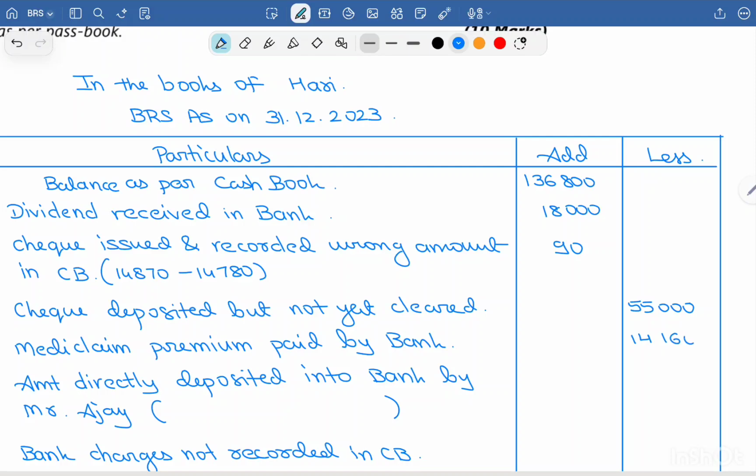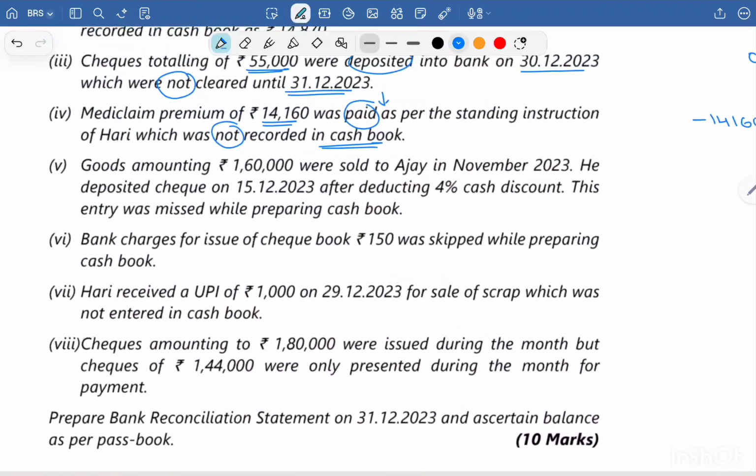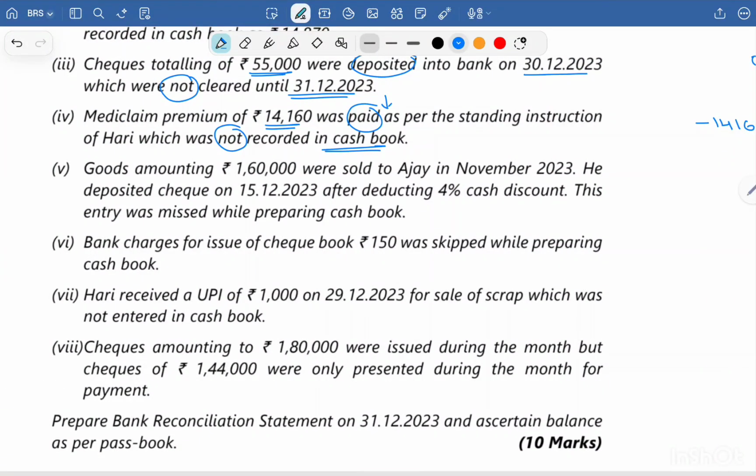Next one. Adjustment number 5. Goods amounting to rupees 1,60,000 were sold to Ajay in November 23. He deposited the check. When the amount is deposited, my balance will increase. On 15/12/23, after deducting 4% cash discount, so 1,60,000 minus 4%, it is 1,53,600 he has deposited in my bank account.